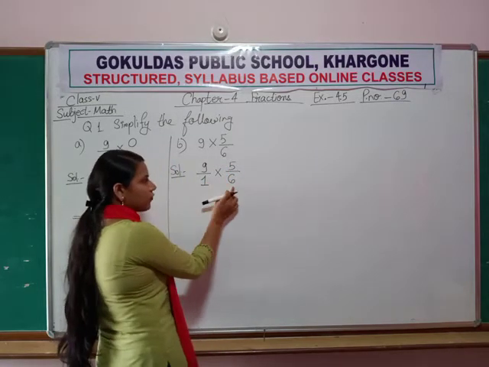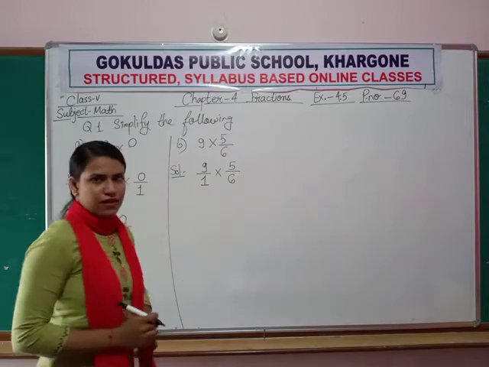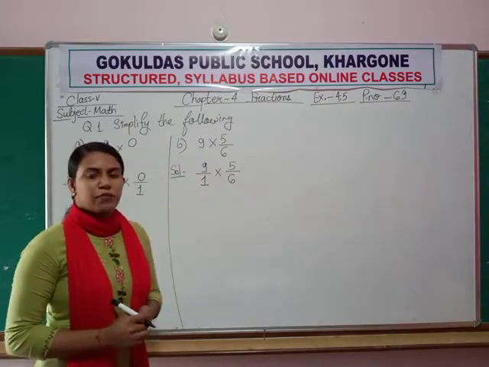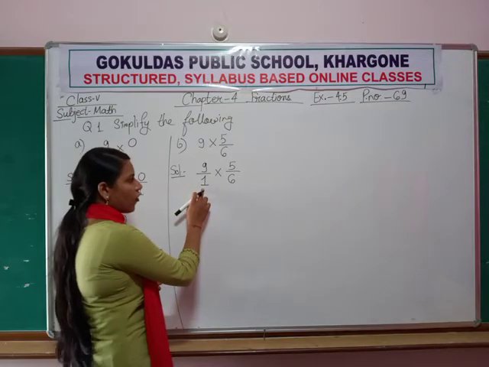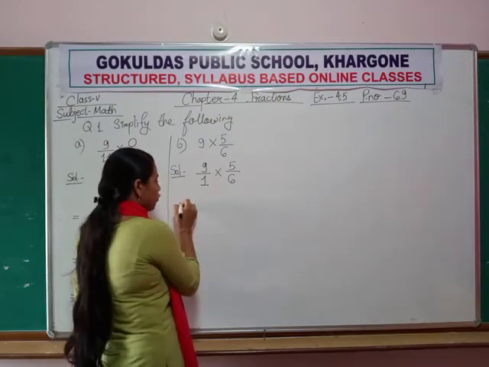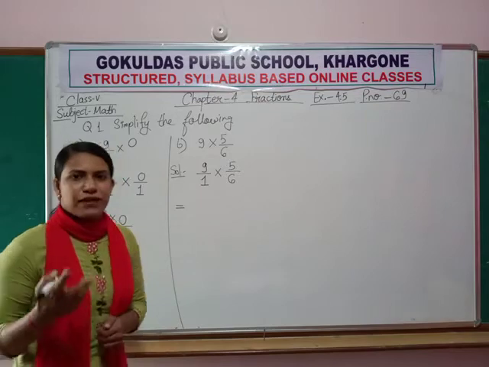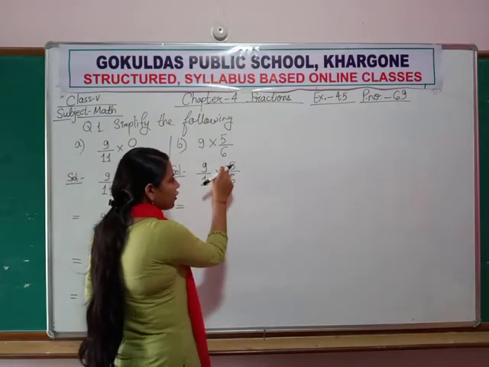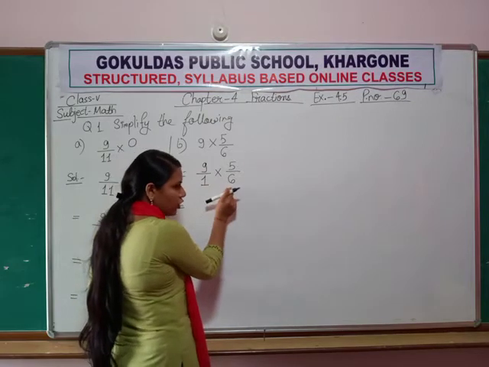Now observe, we have two fractions: the first is 9 upon 1 and the other is 5 upon 6. We want to multiply them. Step 1 is to multiply numerator with numerator and denominator with denominator.